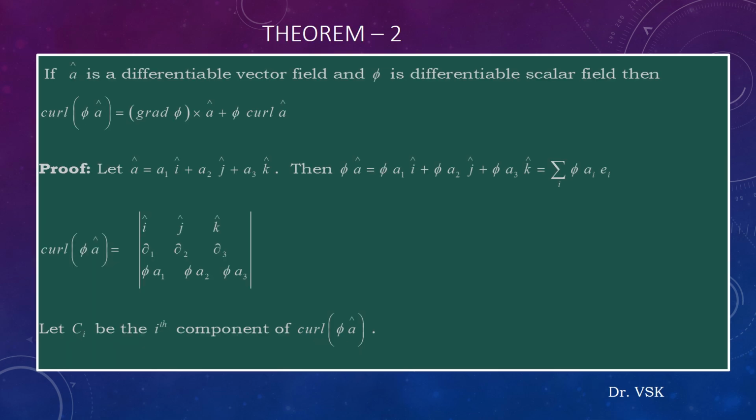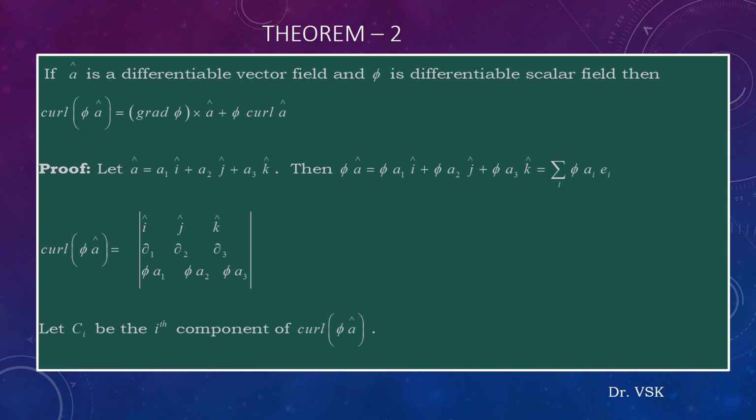In this theorem 2, I am going to prove the fourth identity in our list of identities. In this theorem 2, we consider a scalar field and a vector field. The scalar field phi and the vector field a cap equals a1 i cap plus a2 j cap plus a3 k cap are differentiable fields.